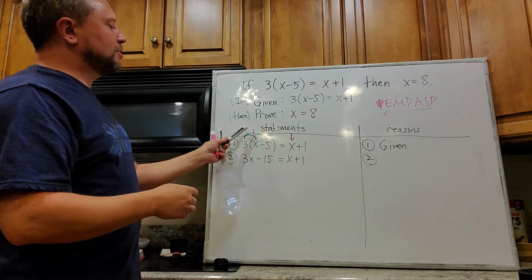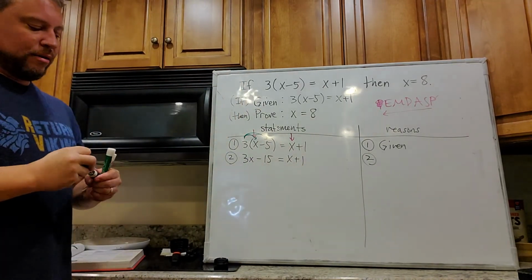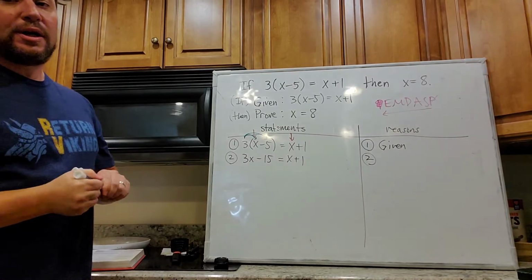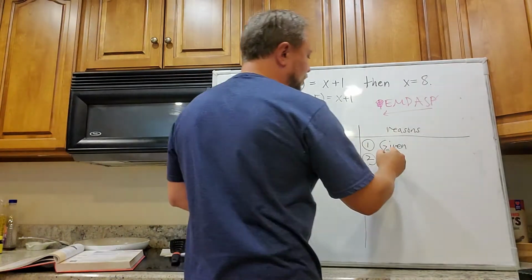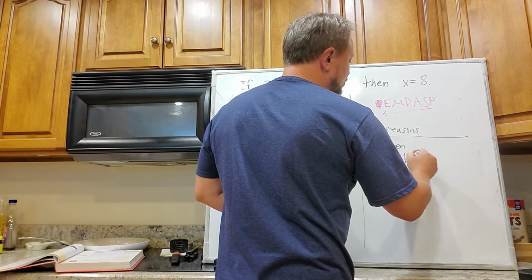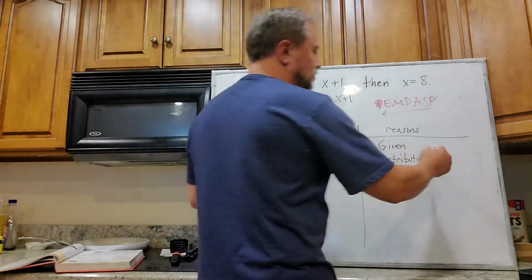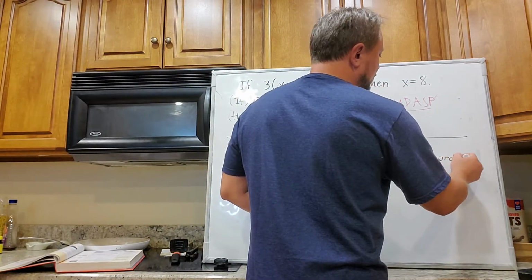Since I distributed, I have to explain over here what I did. I was making use, of course, of the distributive property. That's one of our properties, the distributive property.